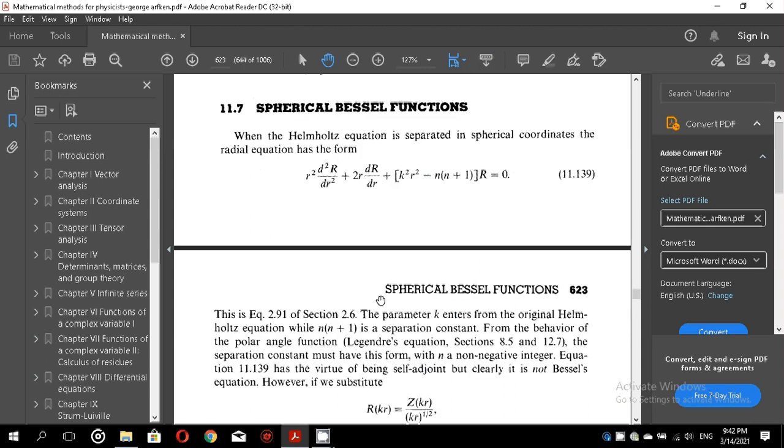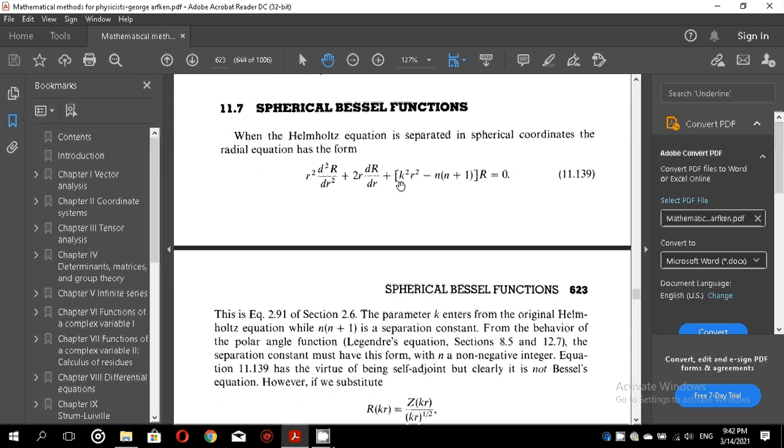Now sometimes we come across equations of the fashion of equation 11.139. If we look at this equation carefully, we see that this is not essentially the Bessel's differential equation, because we have r square, fine, but the second term is not just r, it is 2r, and then we have this term over here.